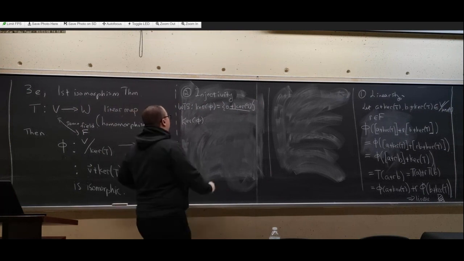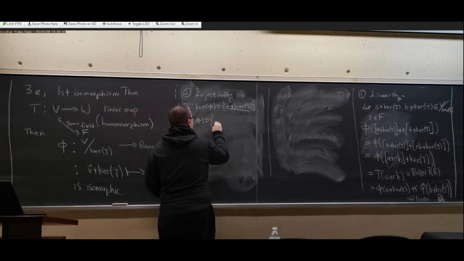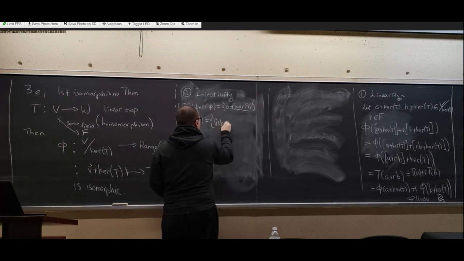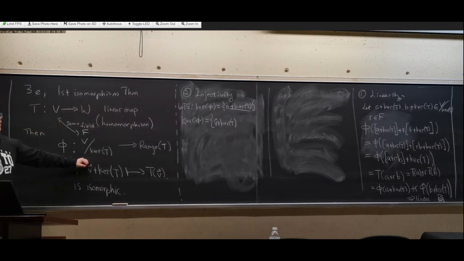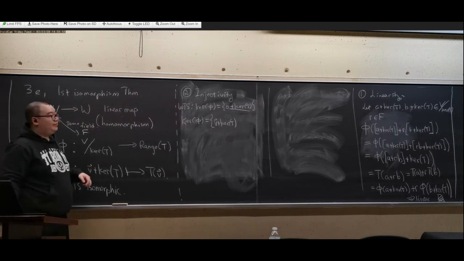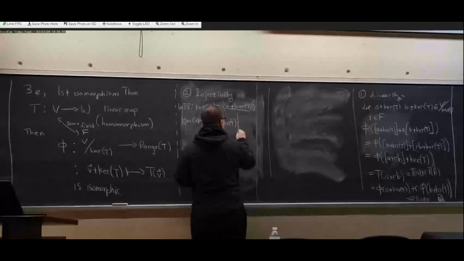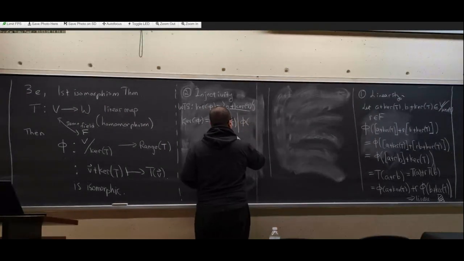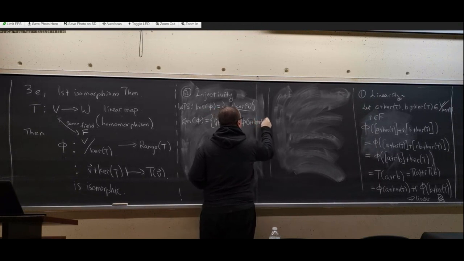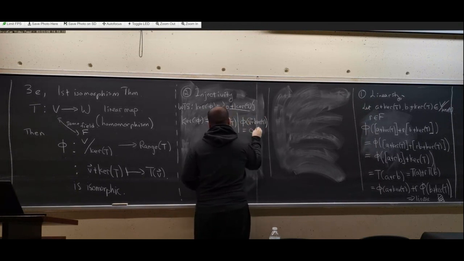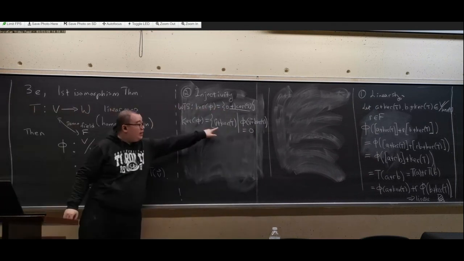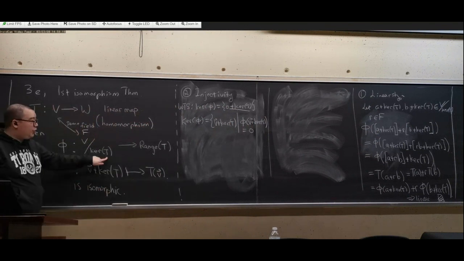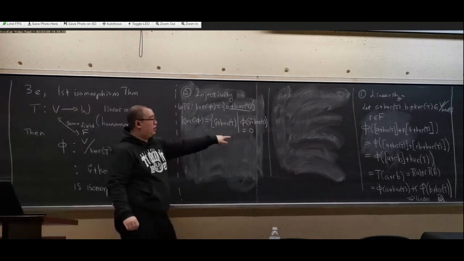Well, kernel of phi is all of the elements in the domain, so all of the V plus kernel of T's, all of the elements in the domain that get mapped to 0, such that phi of V plus kernel of T equals 0.